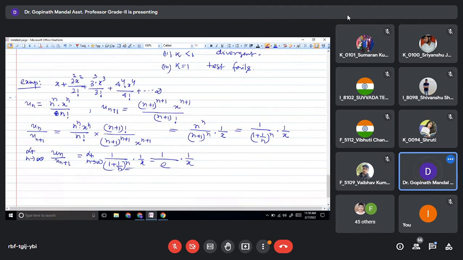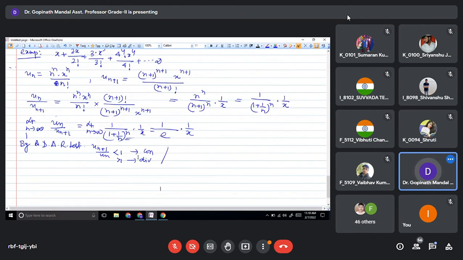Now by D'Alembert ratio test, when un+1/un is less than 1 then convergent, greater than 1 then divergent. Here un+1/un is equal to x into e.